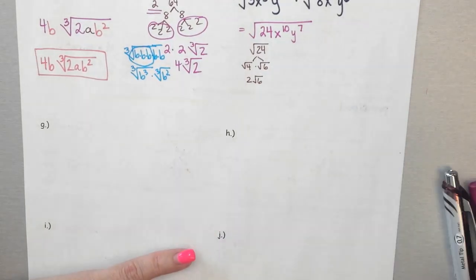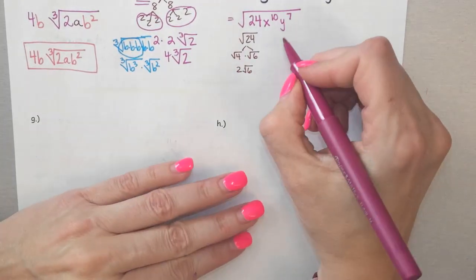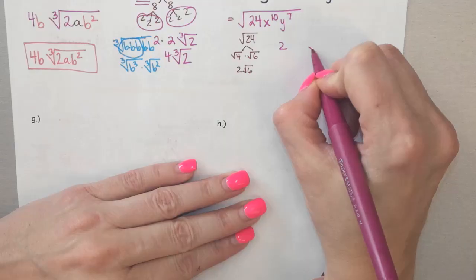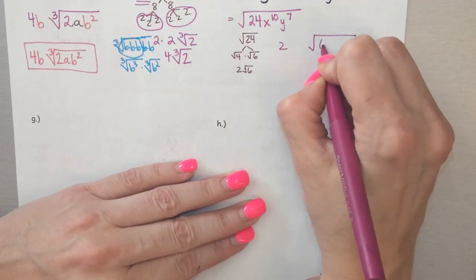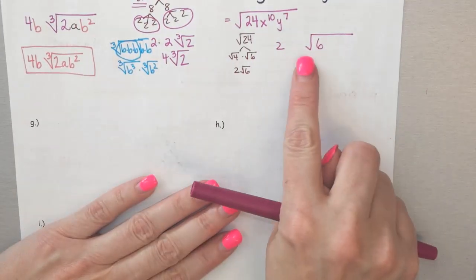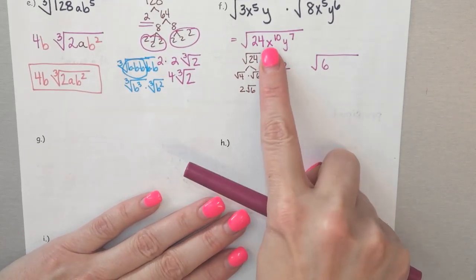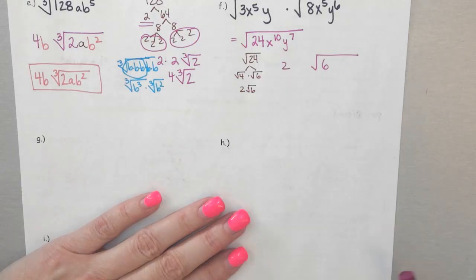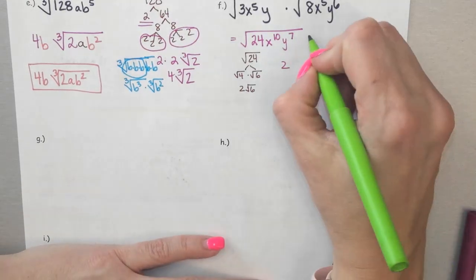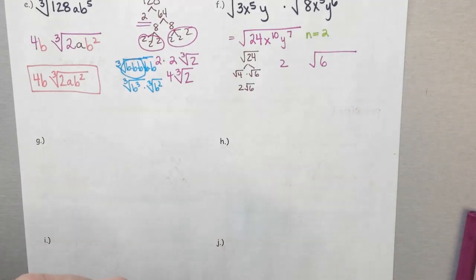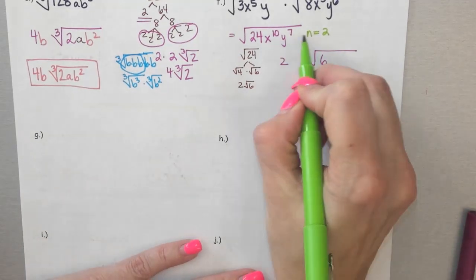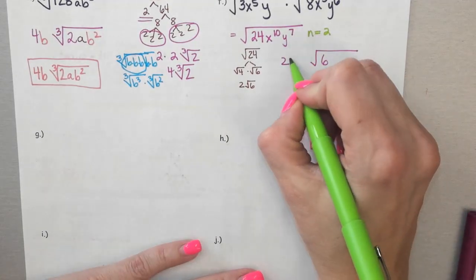So when I'm simplifying this, I'll simplify that first, and then I'll just leave some space here so that when I'm working with the variables, I have room to write them. So this is my 2 root 6, and then I go back, and I remember that I'm looking at my index number. My index number is 2. I just asked myself, how many times does 2 go into 10? 5.